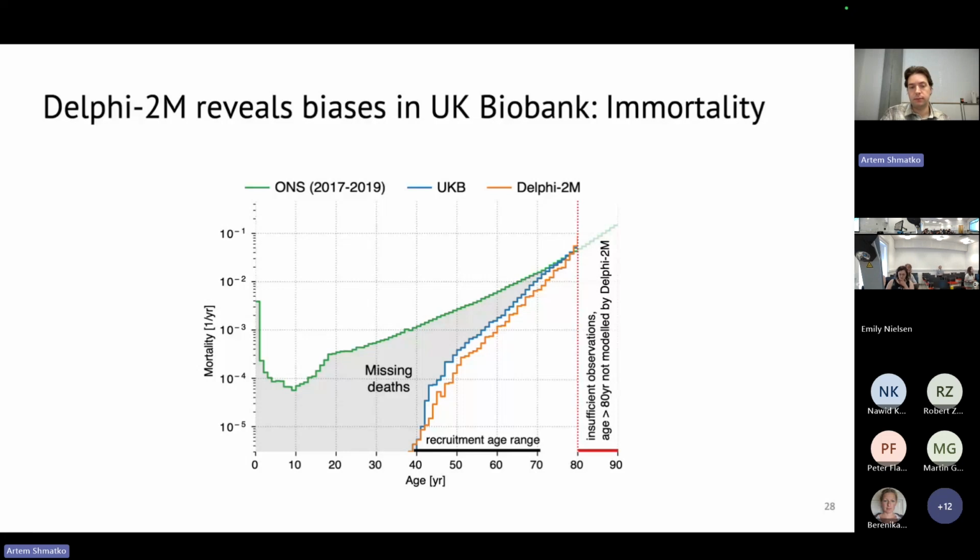So before 40, that is not possible. Everyone is immortal. This is, of course, not the case. The real true trend, reported by the Office for National Statistics, in green, is vastly different, but it's not Delphi's fault, because it just learned from data every bias that was present there.